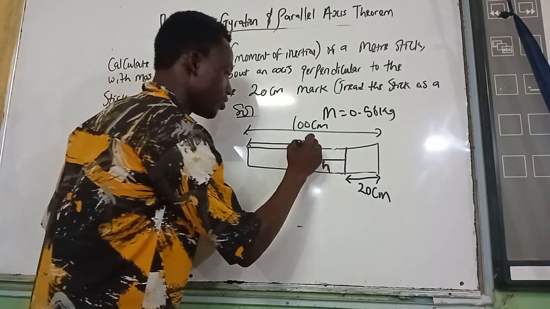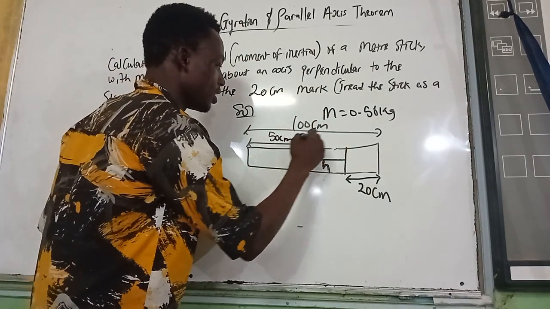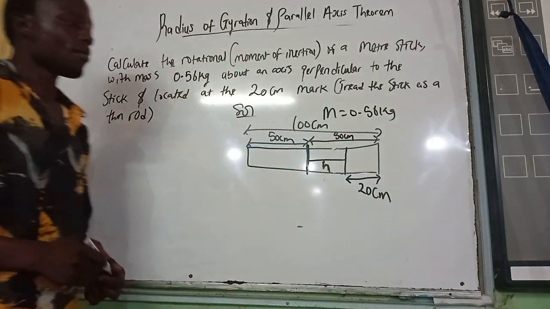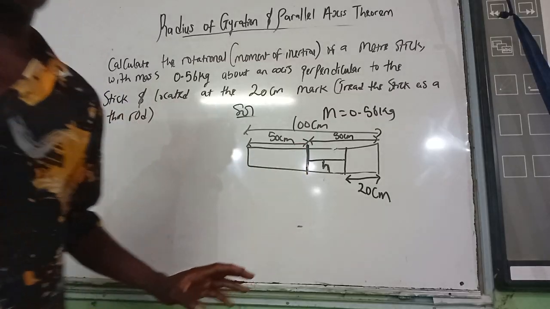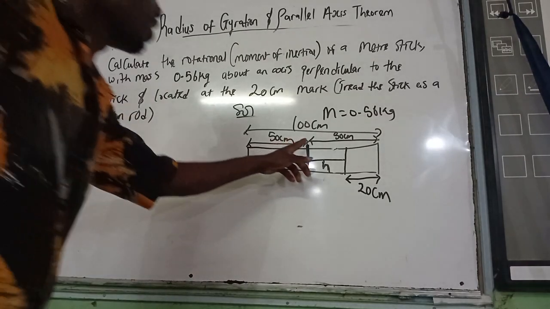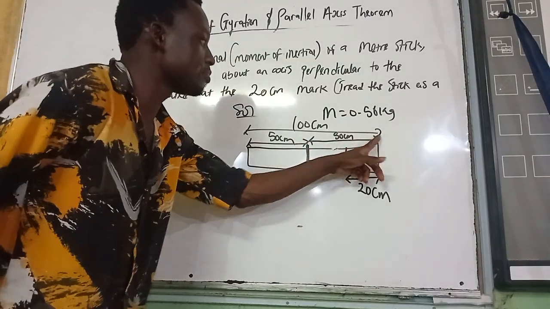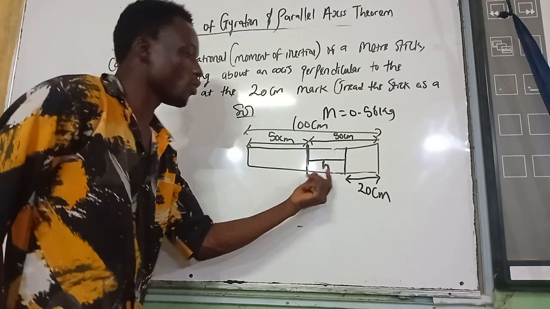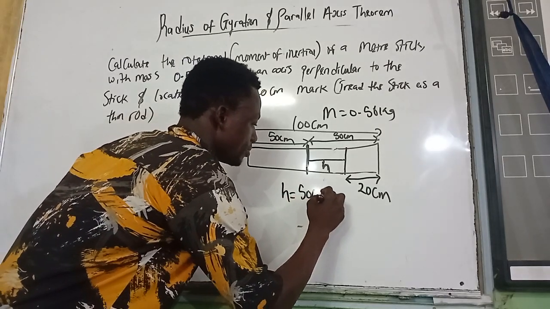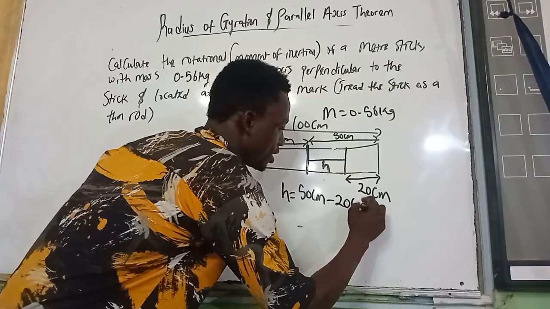That means half is 50 centimeter. The remaining half is also 50 centimeter. If this whole place is 50 centimeter and this part is 20, then what will be our h? Our h will be 50 centimeter minus 20 centimeter.